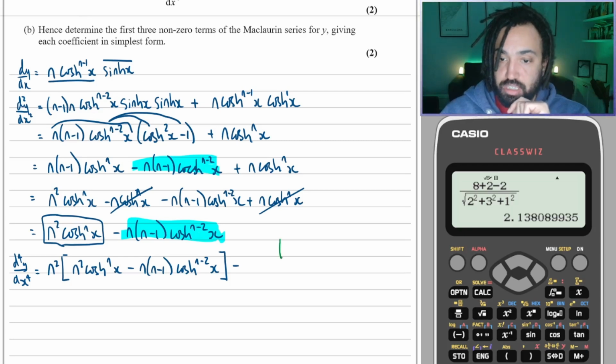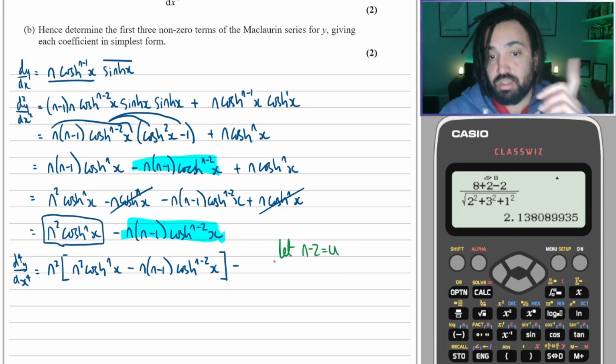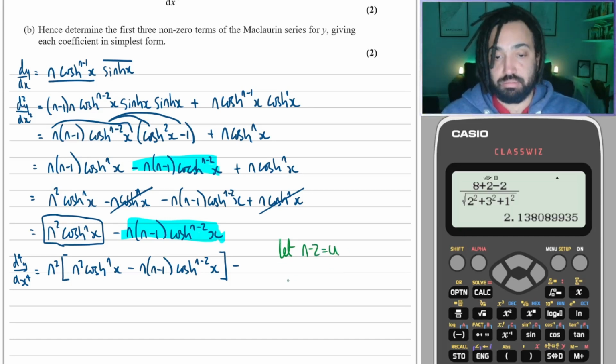Let n minus 2 equal u. And then this will become that chunk there. That would also mean that n would equal u plus 2, and it means that n minus 1 will equal u plus 1.